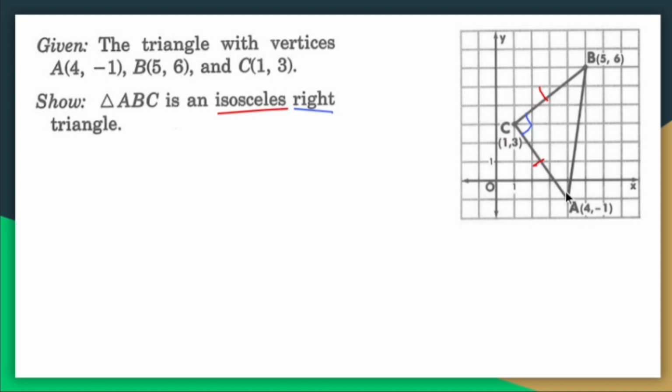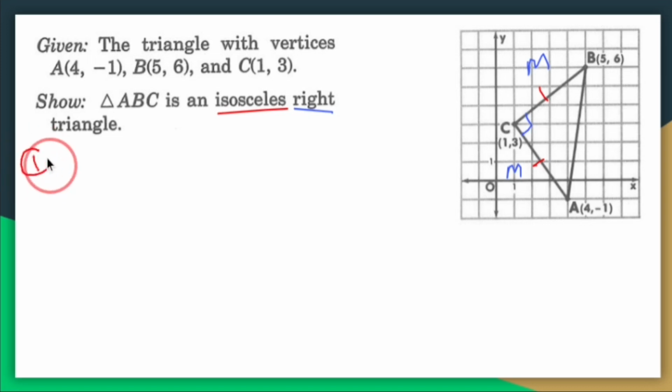Since these are coordinates, I'm going to use the distance formula. The second thing I need to show is that this is a 90-degree angle. So what I'm going to do is find the slope for BC and the slope for AC and prove that they're perpendicular. Okay? And I'm going to do that again using 2 main steps. So depending on what type of teacher you have, you may need to restate the given, but I don't have to.